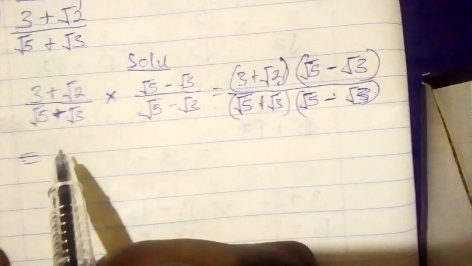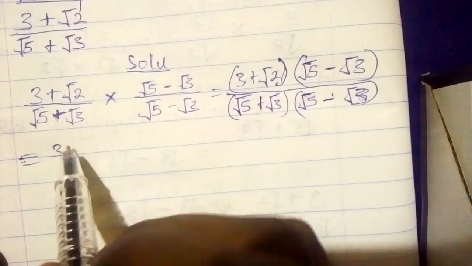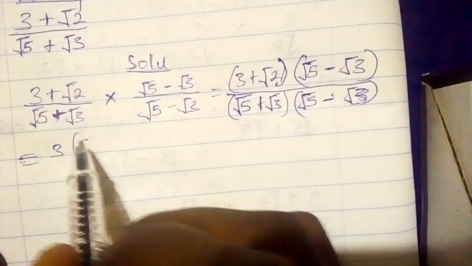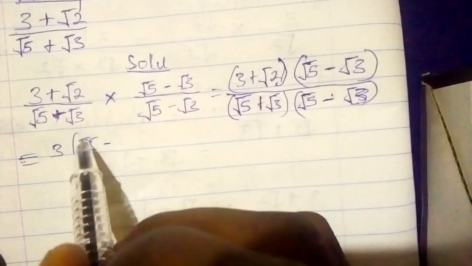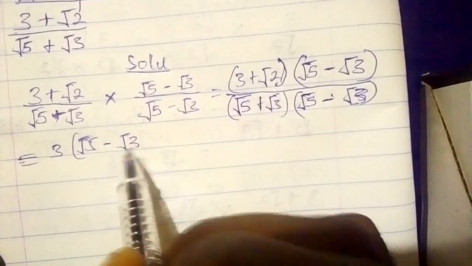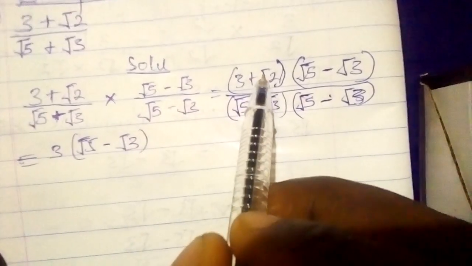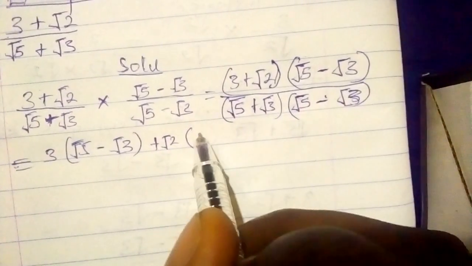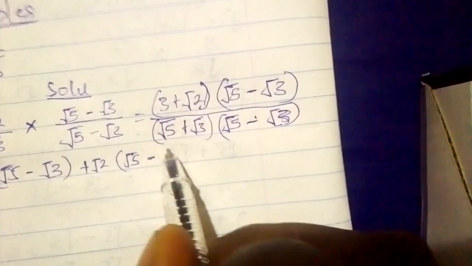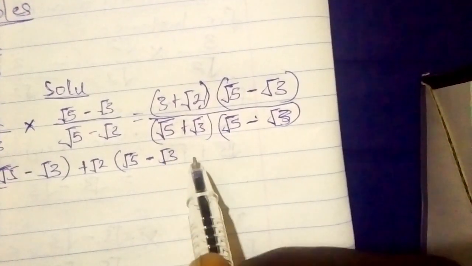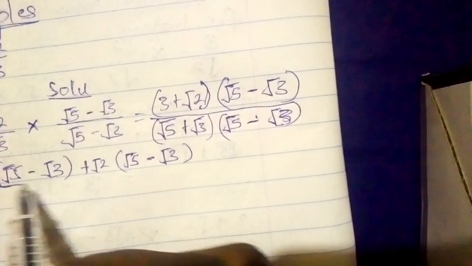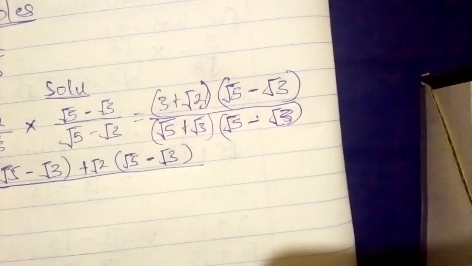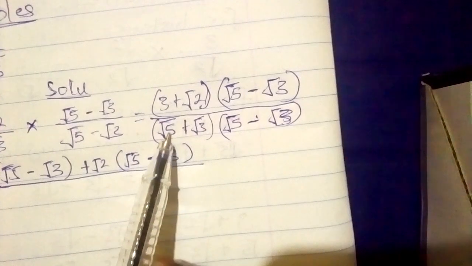So we now have equal to the first one, which is 3 (root 5 minus root 3), then plus 2, which will come outside, (root 5 minus root 3), you close it.